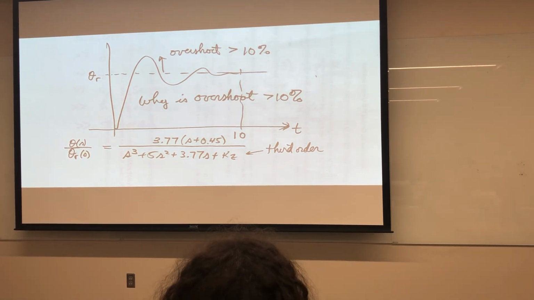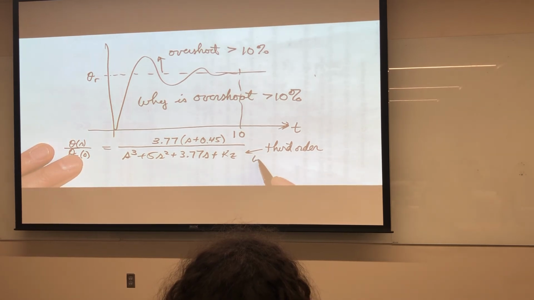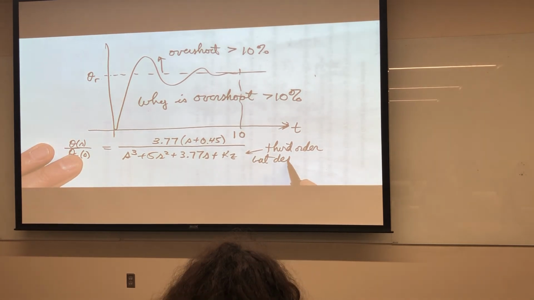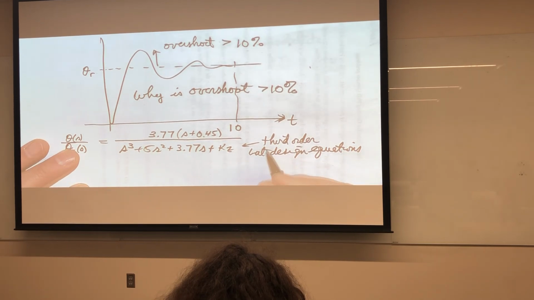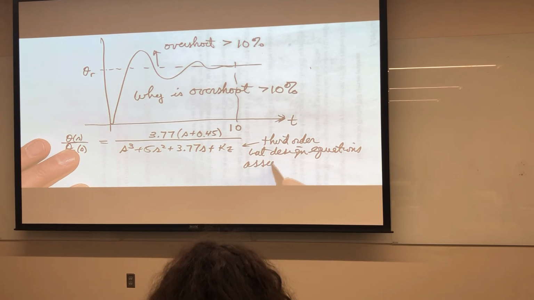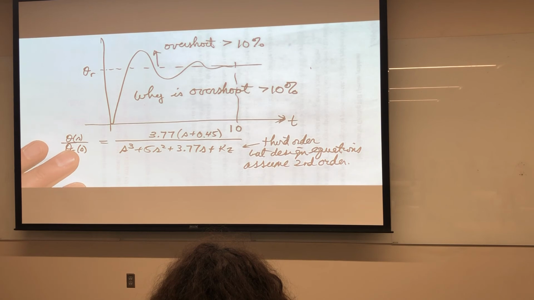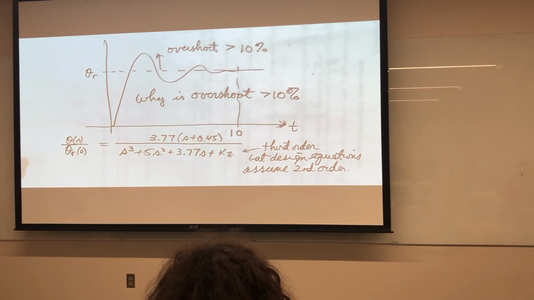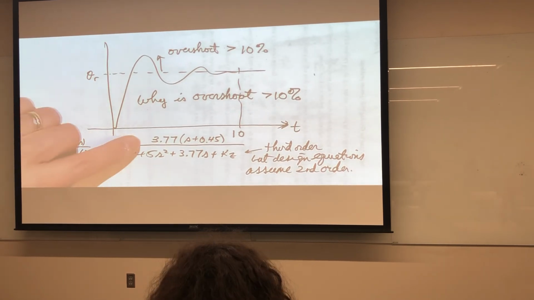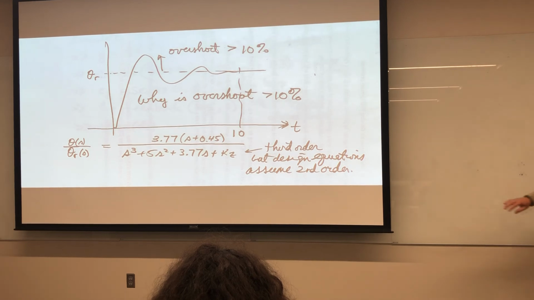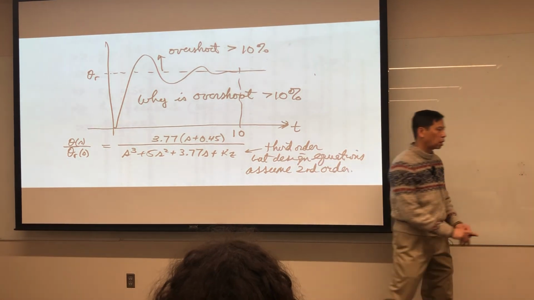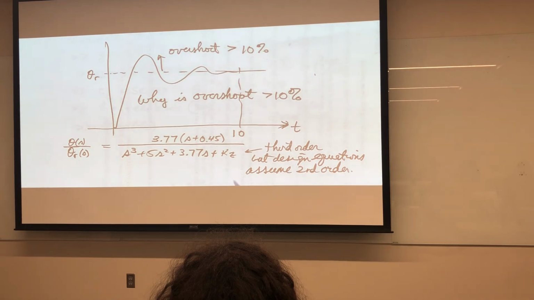Okay, we're using third order, but design equations assume second order. The other thing that you will notice is our second order equations assume there is no zero up in the top. So there's also the other thing, there's a zero.